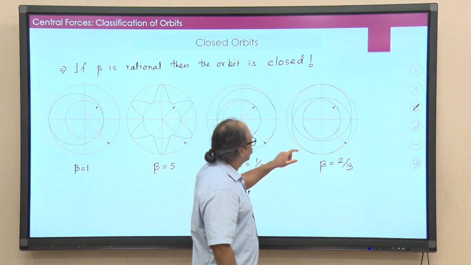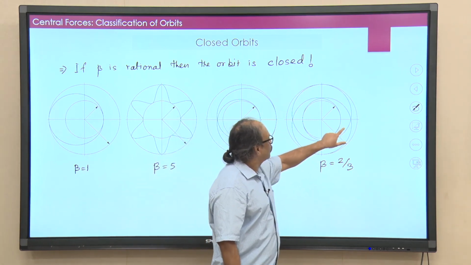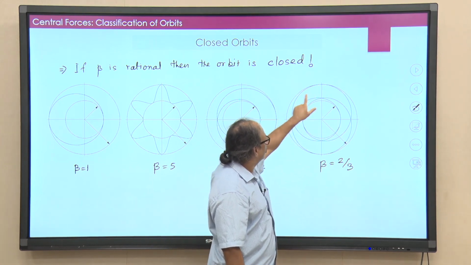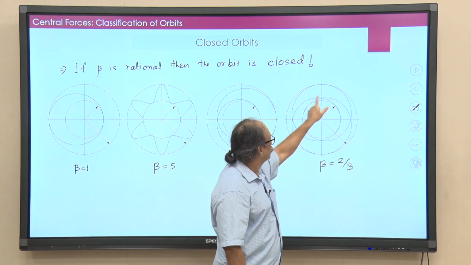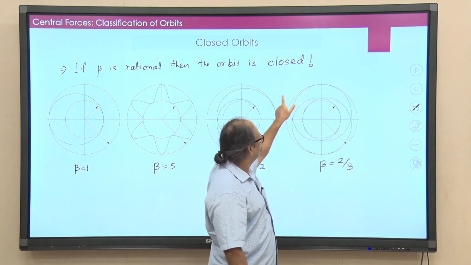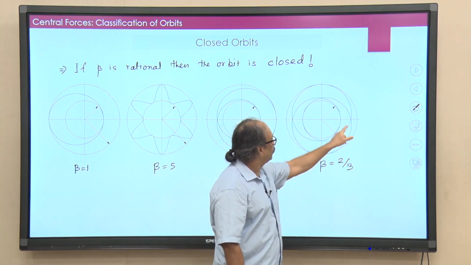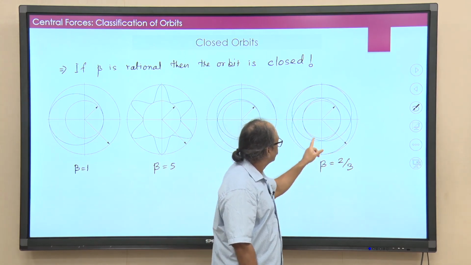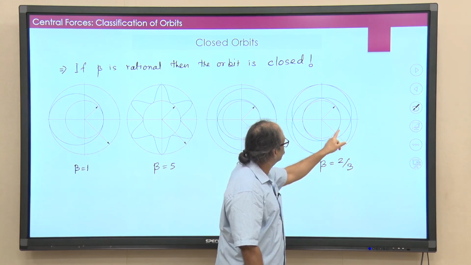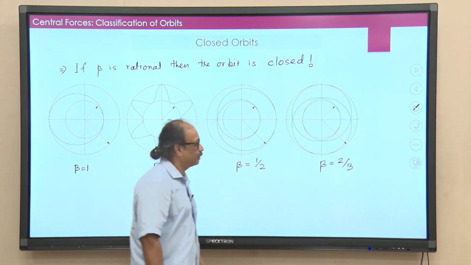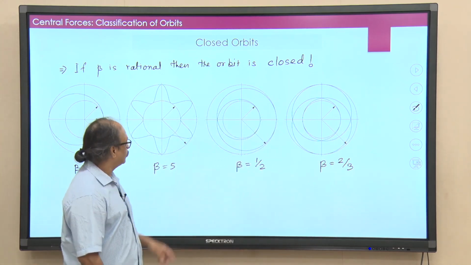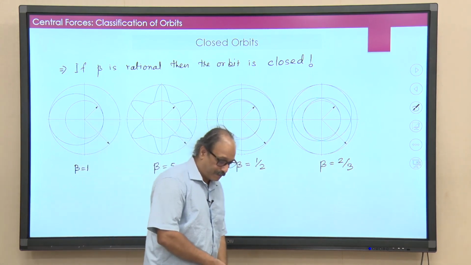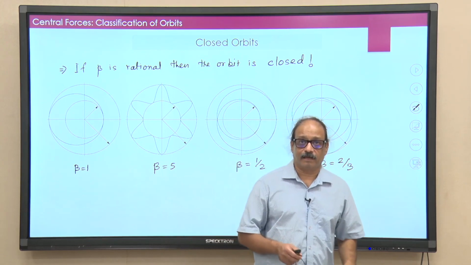So if you closely follow this orbit, starting from this point, you can see that it goes all the way up there, then it does this another time, and it is only after 6 pi that the orbit actually closes back here. So these are the possibilities. You can get a closed orbit if beta is any rational number.